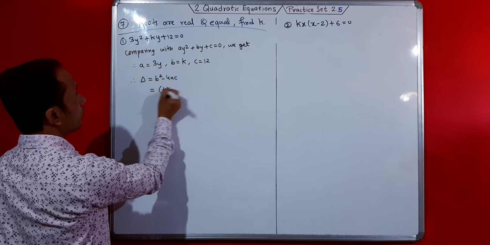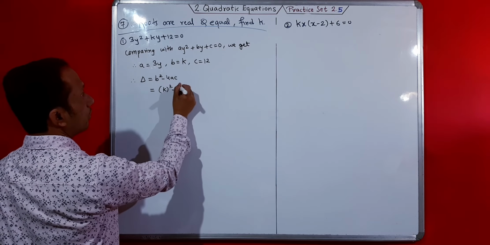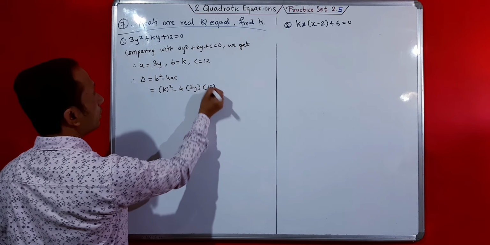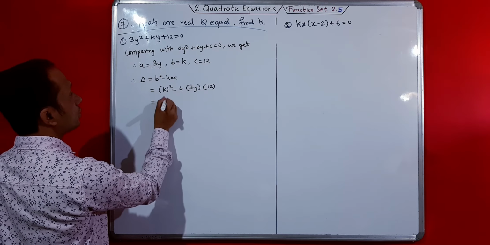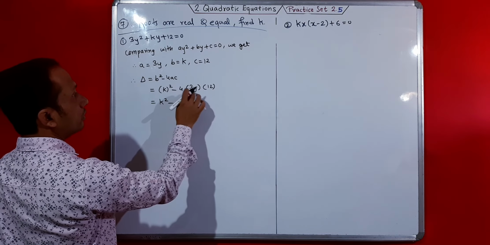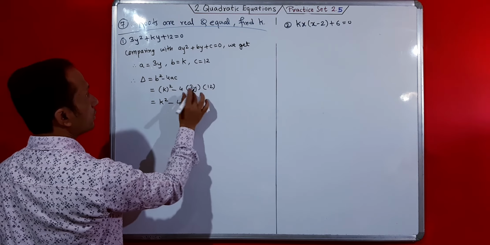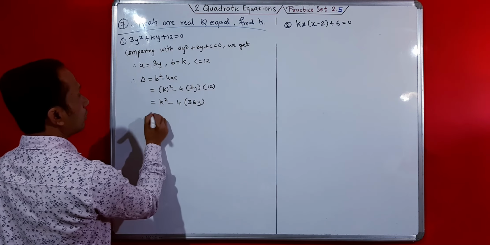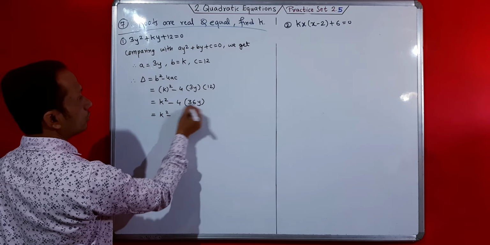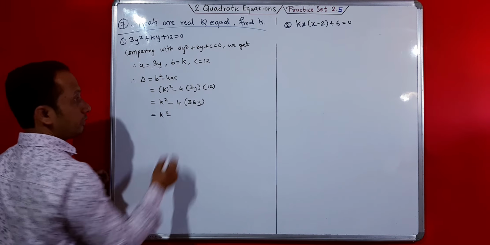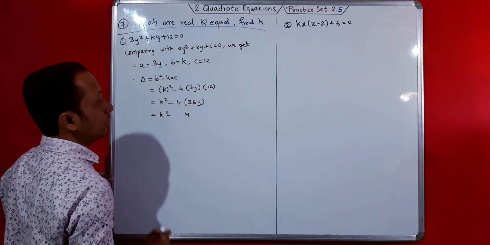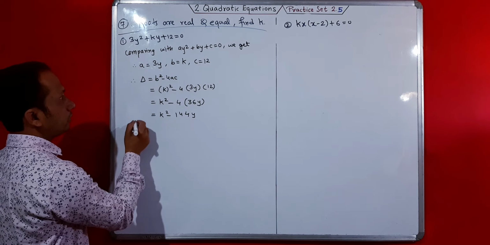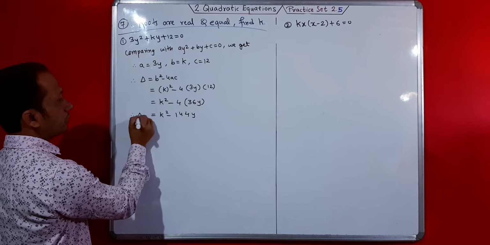k square minus 4 into a which is 3y and c which is 12. So k square minus 4, we keep as it is, 3 12 are 36y. So k square minus, 4 36 are 144y. Therefore delta is equal to this.